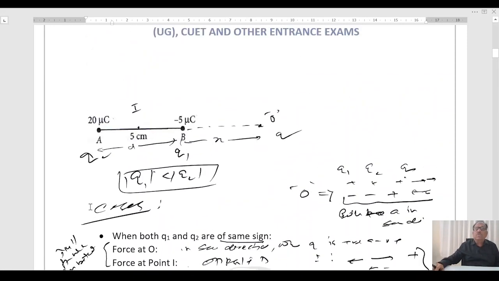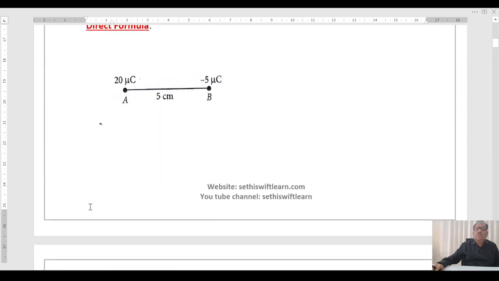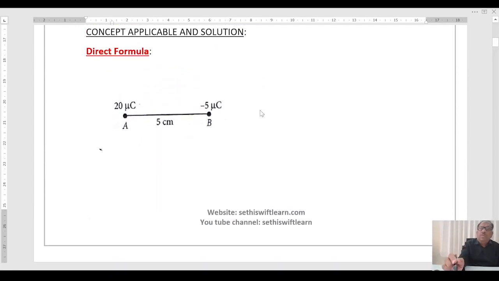Now, let's start the question. Now, these are the two charges, and this is point O at a distance x. Then the force on this charge due to this one and due to the other will be equal in magnitude and opposite in direction: positive repulsive, negative attractive, opposite directions.